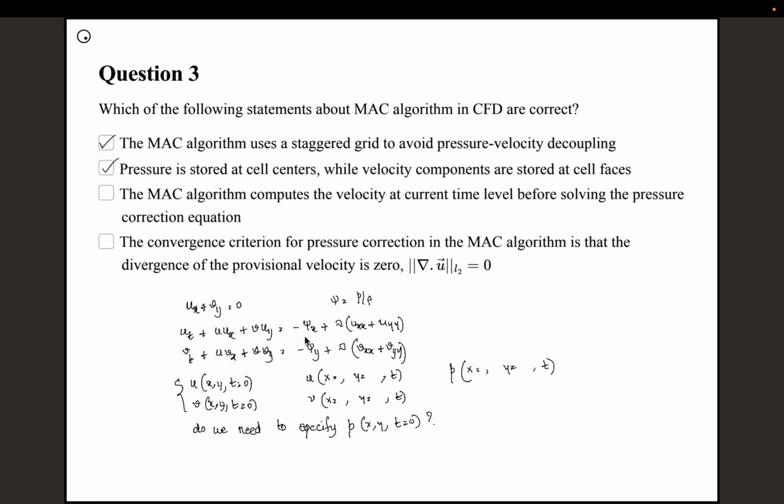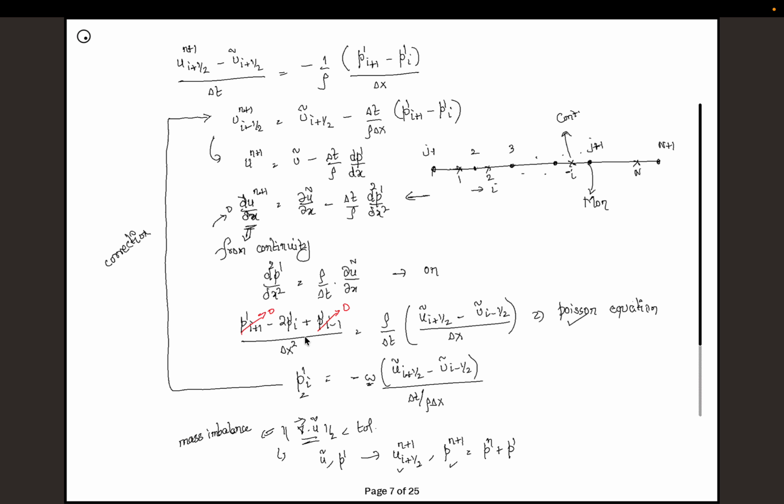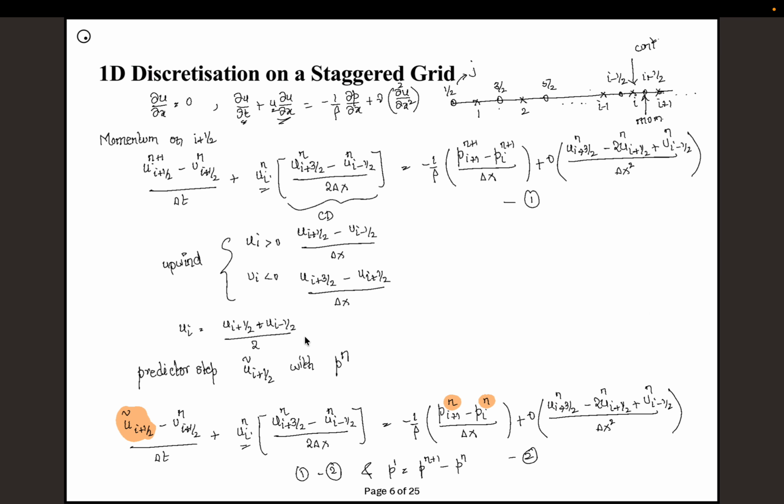So if you see how we are proceeding, the time marching, even before the correction, the velocity correction, is assuming that you already know the previous values of this. So you need to know the values of p comma u at the initial time step, right? If that is the case, how exactly do I have to know these values? And do we know that in all the cases?